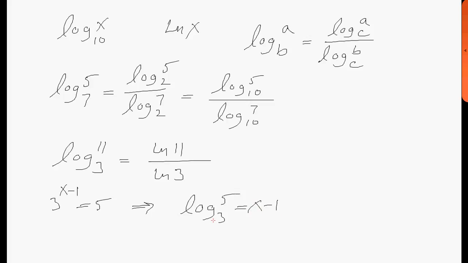Yes, because again, think about the arrows: 3 to the power of x minus 1 is 5, the same thing as this one. So this implies that x is log 5 base 3 plus 1.